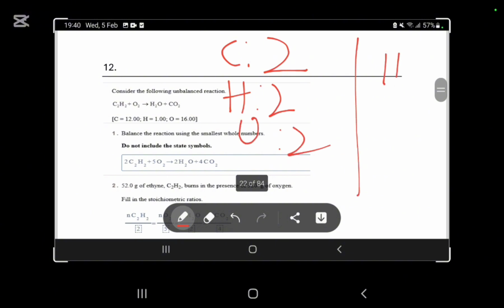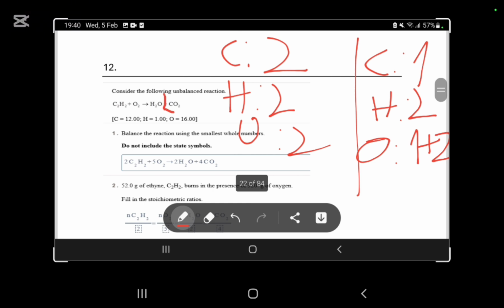I mean, C is 1, H is 2, O is 1 plus 2. Okay, now first of all, to balance, we make the coefficient of CO2 2. So this will make it 2. Then it will be 1 plus 4.